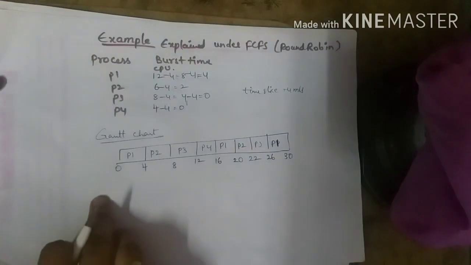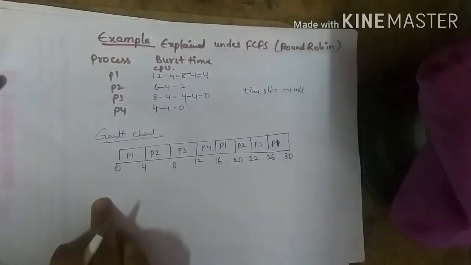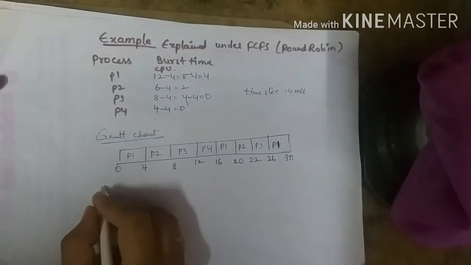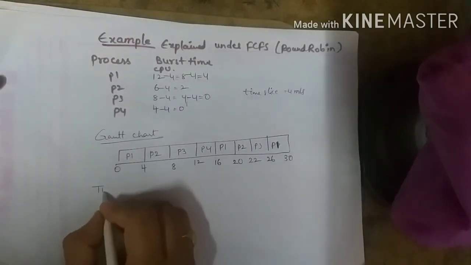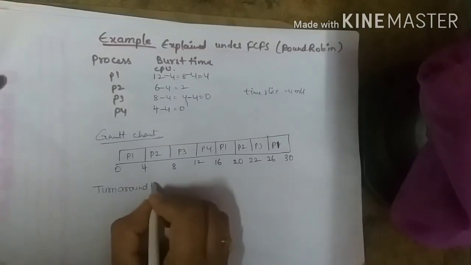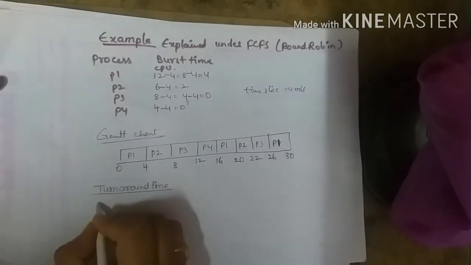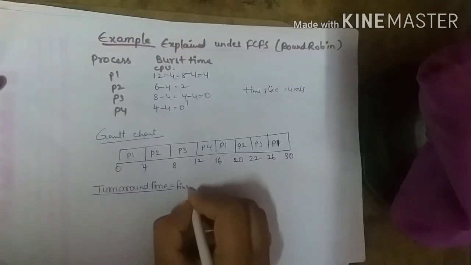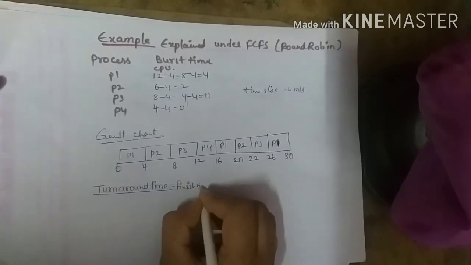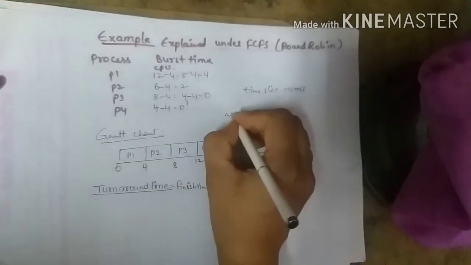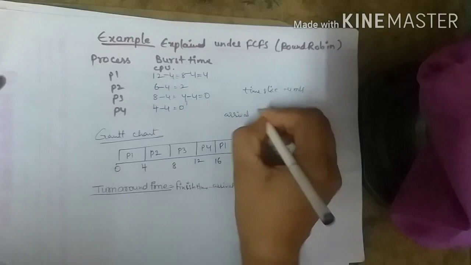Now we'll calculate the turnaround time as well as the average waiting time. In this example I am going to first calculate the turnaround time. The average turnaround time I am going to calculate now. The turnaround time formula is equal to finish time minus arrival time. Finish time minus arrival time. For every process I am taking the arrival time at 0.